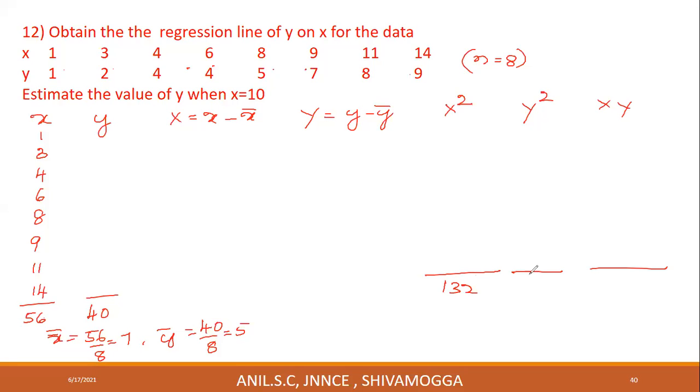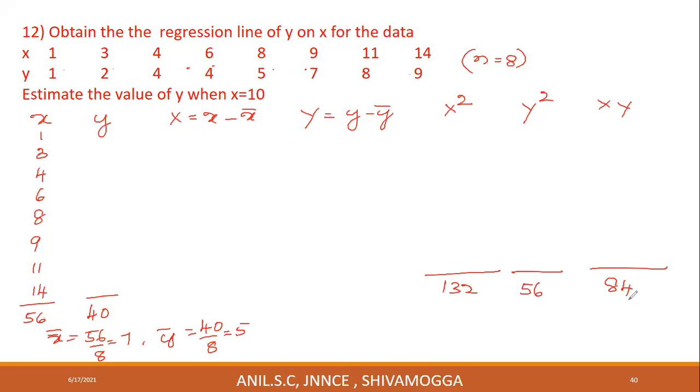Y square? 56. Correct? Yes, sir. Okay. Summation XY? 84. 84. Right. Now we have all the values. X bar 7, Y bar 5. And summation capital X square is 132, Y square is 56, and XY is 84.